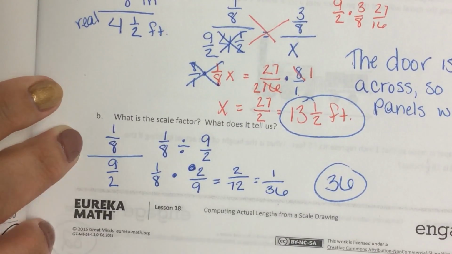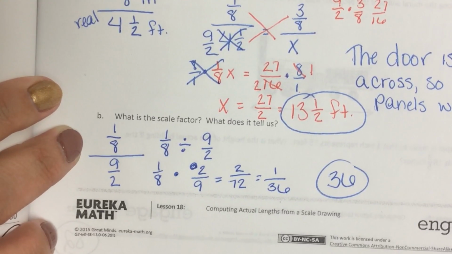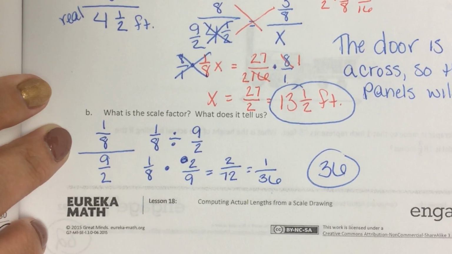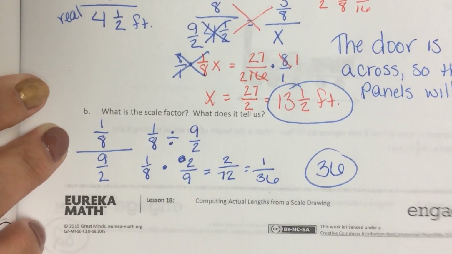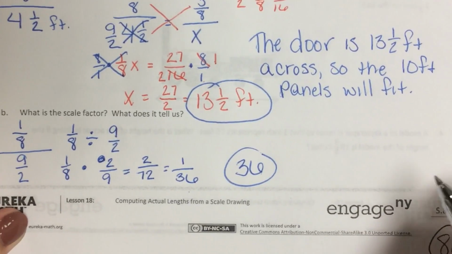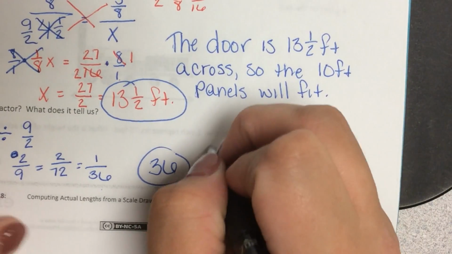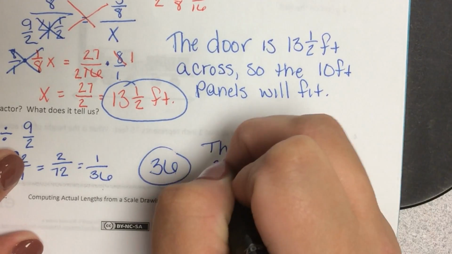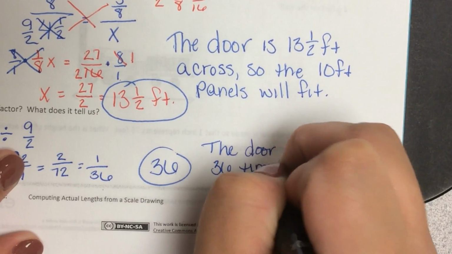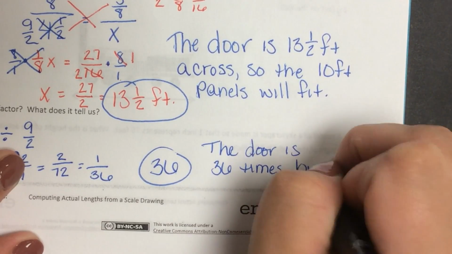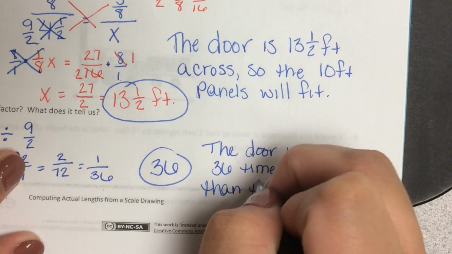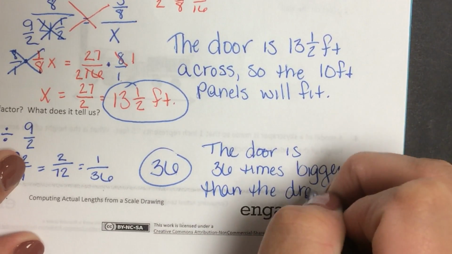I have to multiply by 36 to get there. Okay? What does it tell us? It tells us that the door is 36 times bigger than the drawing.